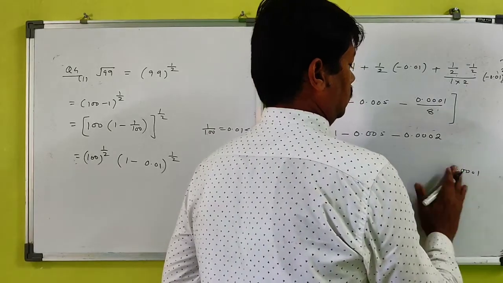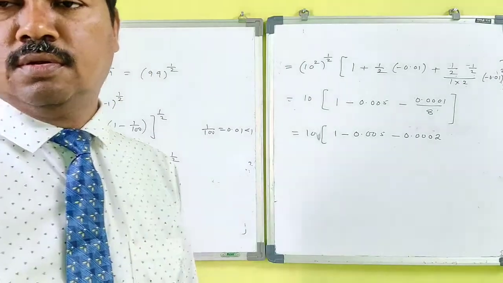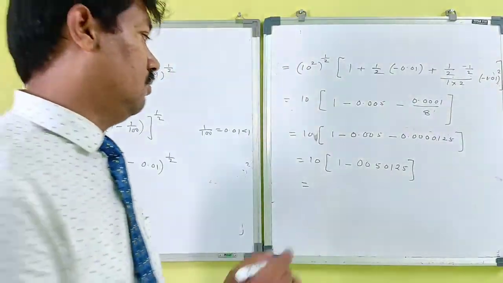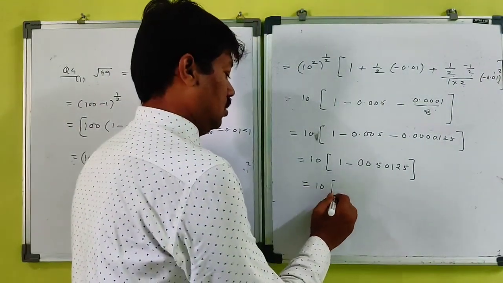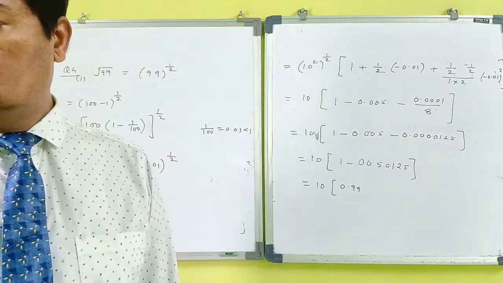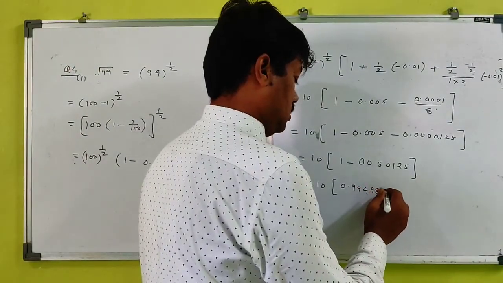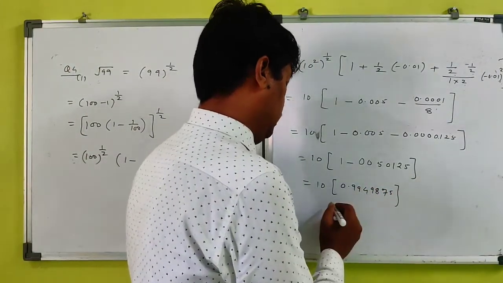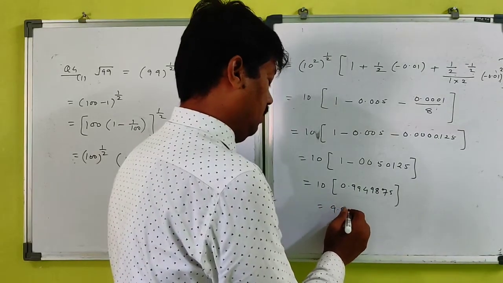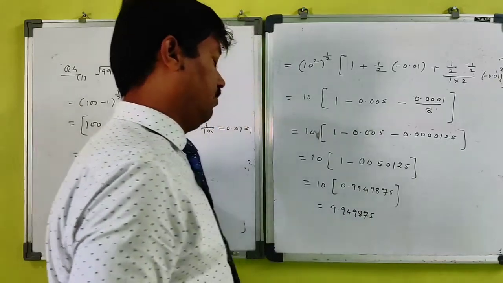What is the value of this? We'll find it. That equals 0.9949875. Multiplying this by 10, it becomes 9.949875.